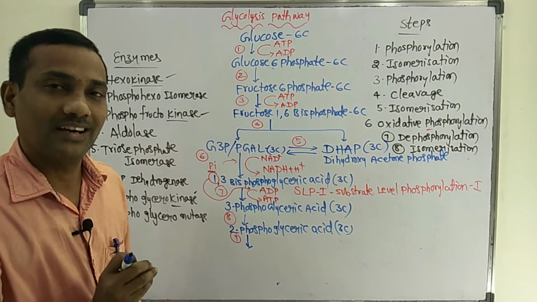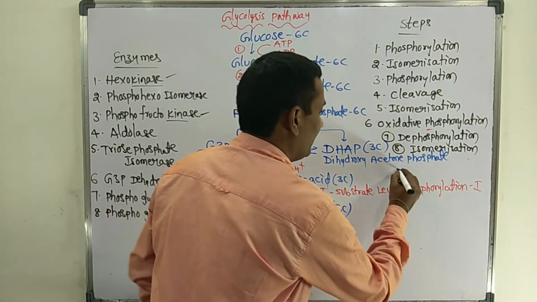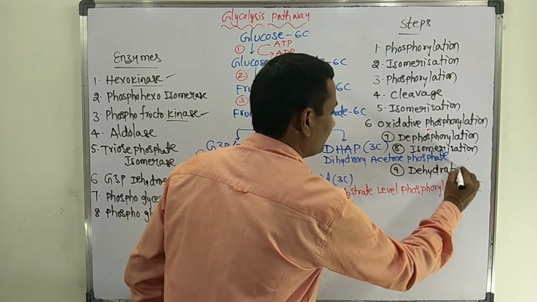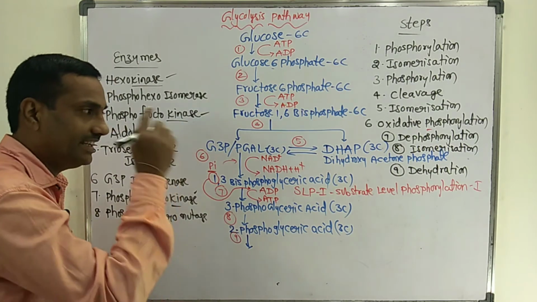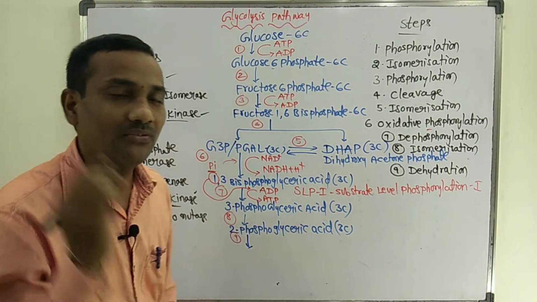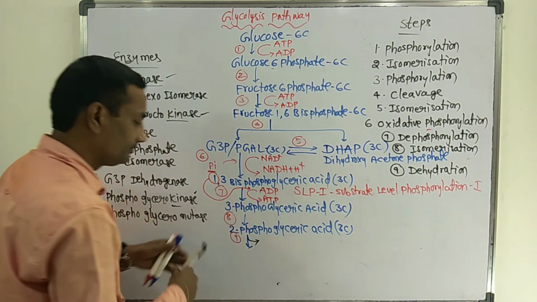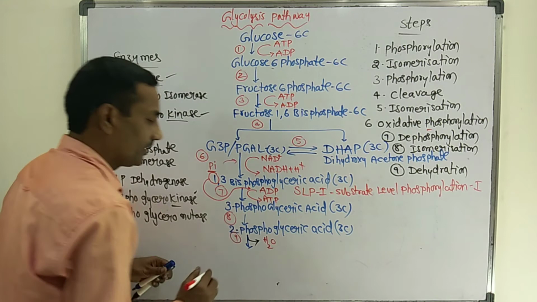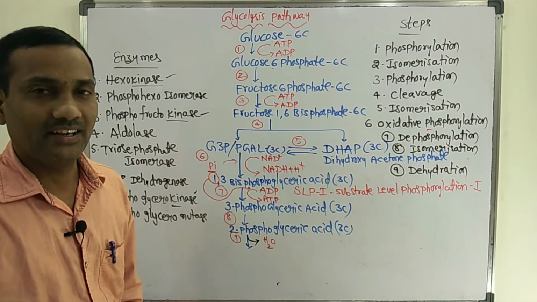Removal of water occurs. That's why the 9th step is dehydration, removal of water. How is it possible? From this compound, water is removed. The process of removal of water is called dehydration.